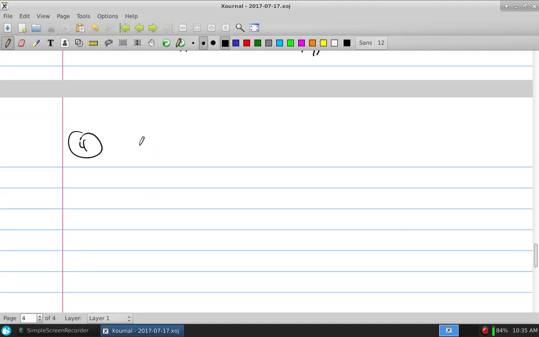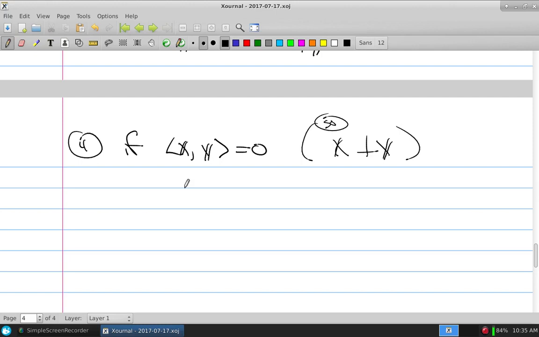We have the Pythagorean law. If indeed their inner product is 0, which means what? They're orthogonal to each other. That would tell us that if you want to find the length of x plus y squared, just square the length so we don't have to worry about the half power. That's just equal to the length of x squared plus the length of y squared. That sure looks familiar. In Euclidean geometry, it's called the Pythagorean theorem.